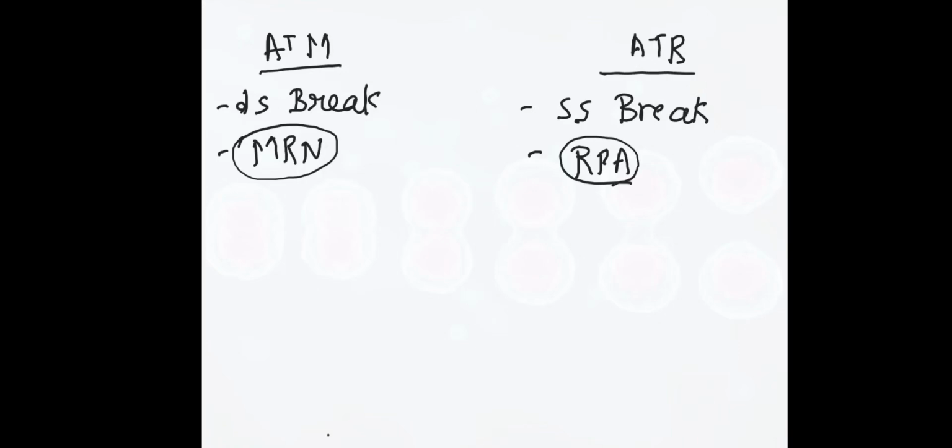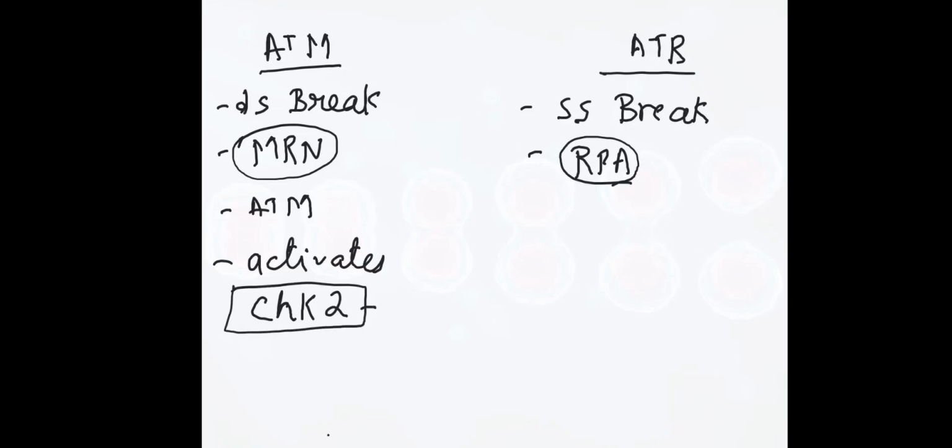Then ATM binds to MRN and will activate CHK2 by phosphorylating it. Activation of CHK2 is by phosphorylation by ATM.